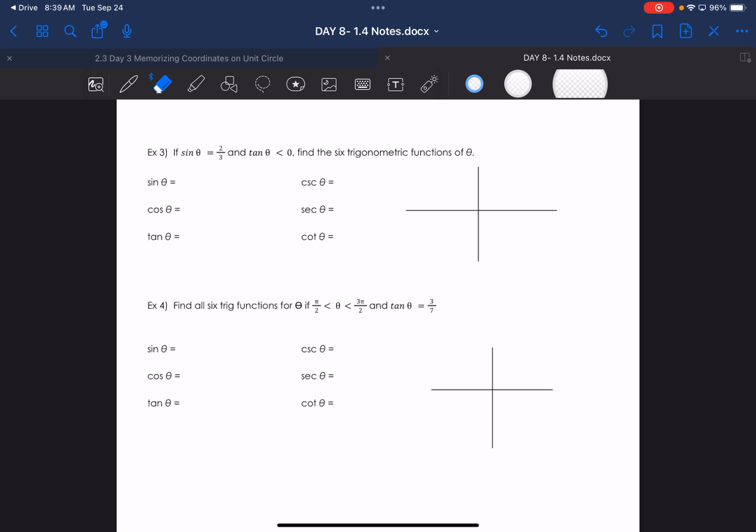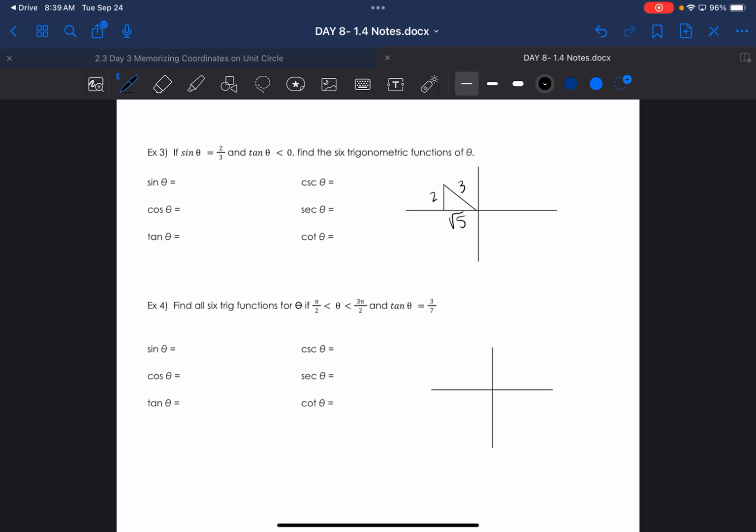Okay, so on example number 3, guys, which quadrant did we draw our triangle in? Quadrant 2, good. All right, so it looks something like this. Okay, and they gave us sine, so we knew y and we knew r. And then you guys did Pythagorean theorem, and we found the side x was what length? Good.